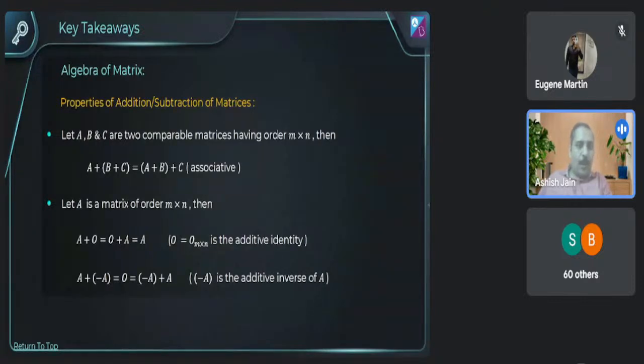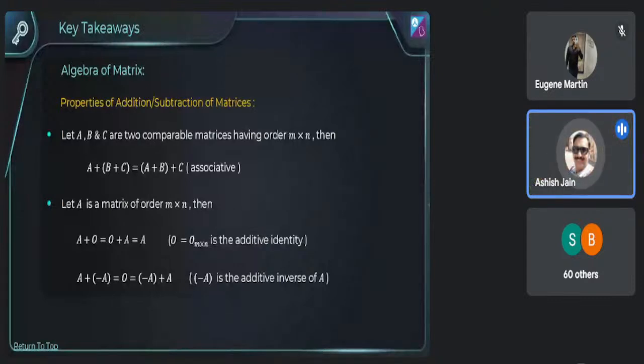And one more property, this is called property of association or associative property of addition. It says that if we have matrices A, B and C, A plus (B plus C), that means first you find the value of B plus C, then whatever answer you get, you add it to A. It is equal to (A plus B) plus C. You add A and B, and with that answer, you add the value of C. The value remains the same on both sides, LHS as well as RHS.